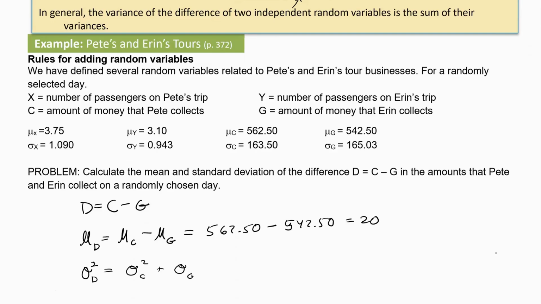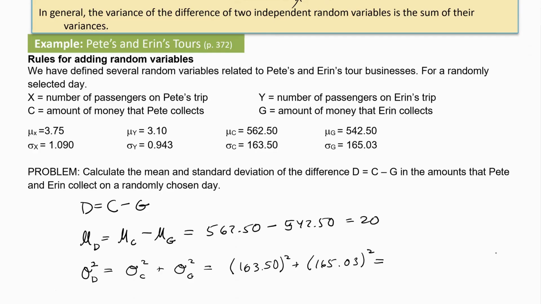So the variances are going to be 163.50 squared plus 165.03 squared. Oh, wait, this is exactly the same thing we had before.